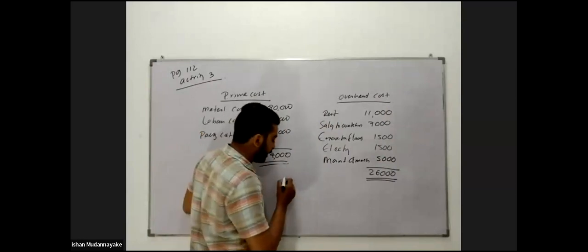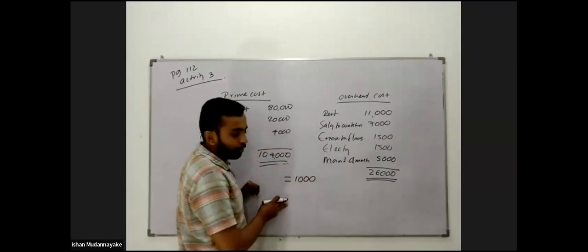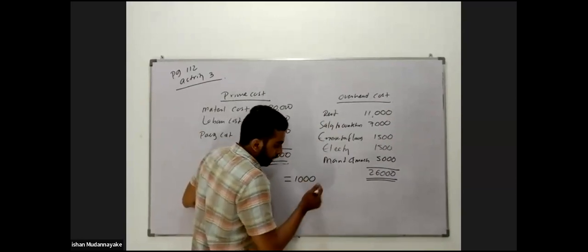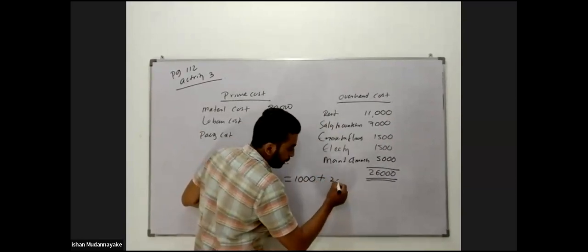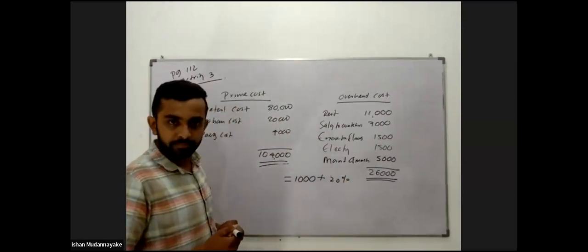For example, let's say the production cost of a product is 1,000. To this 1,000, the business organization adds 20% as profit.